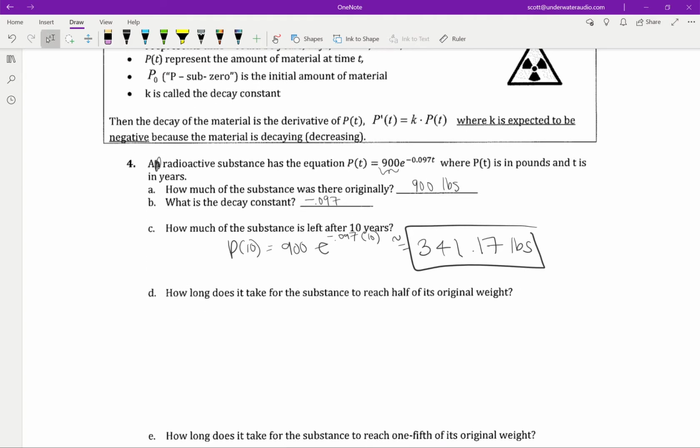All right, how long does it take for the substance to reach half of its original weight? So the original weight was 900 pounds. Half of that would be 450. So I'll just do 450 is equal to the equation, and then I'll solve for t. Dividing by 900, I get a half, because I'm looking to figure out when it's half of its original weight, so that makes sense.